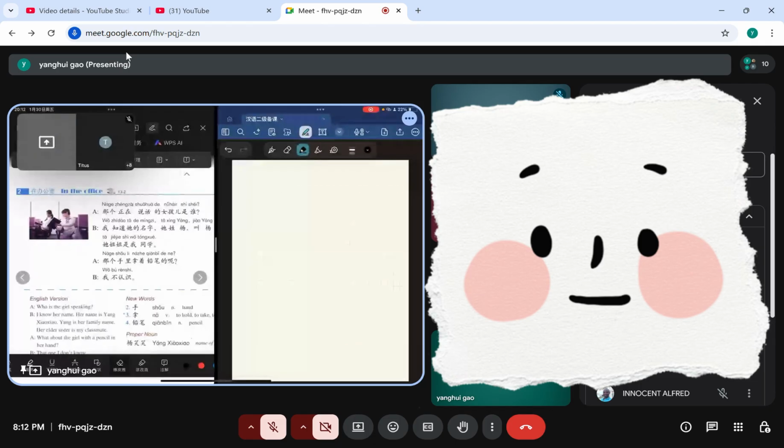课文3. Okay, let's see the new words first. The first one is a noun. Hand. 手, hand. So in the hand is 手里. On the hand is 手上.